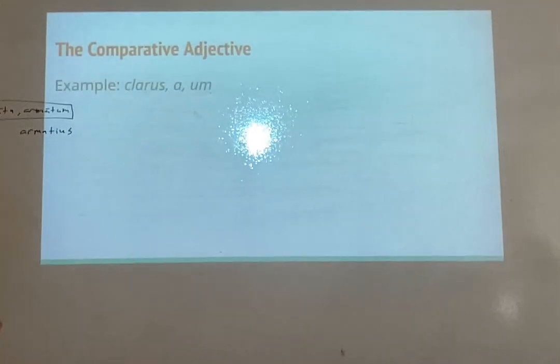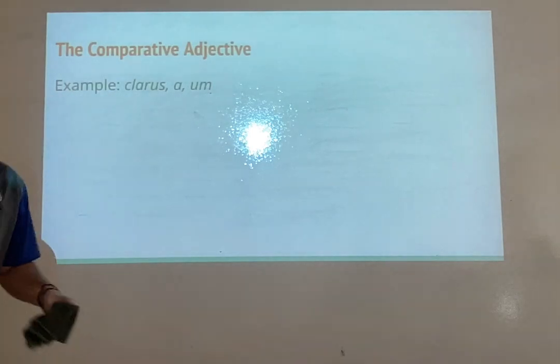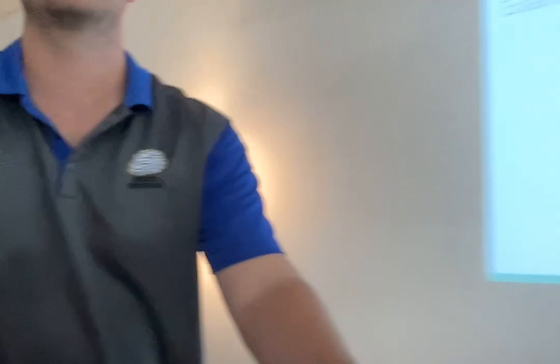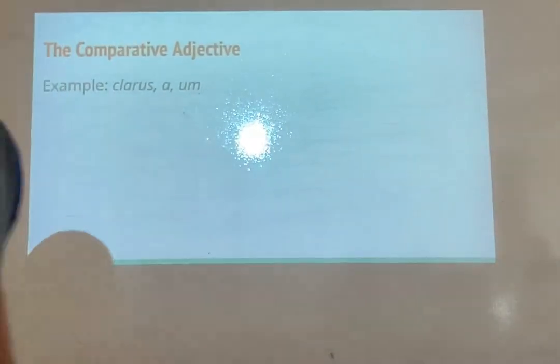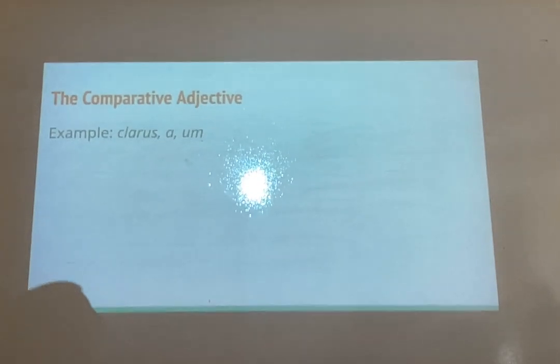All right, so here's an example right here, just to show y'all what I just walked you through. Clarus, clara, clarum. That's how it'd be given to you in the glossary. You figure out the stem by knocking off the genitive ending, which would just leave clar.